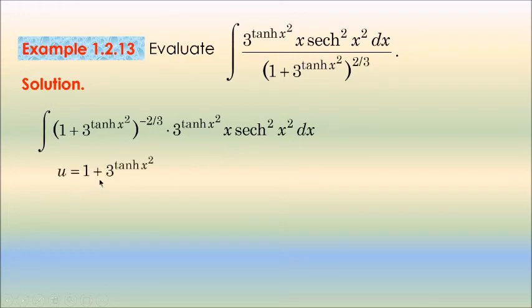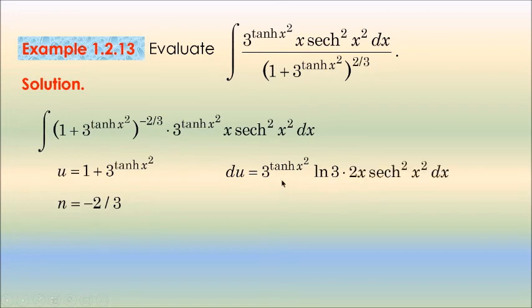Let u be equal to 1 plus 3 to the hyperbolic tangent of x squared with n equals negative 2/3. du is equal to derivative of 1 is 0, derivative of 3 to the hyperbolic tangent of x squared is 3 to the hyperbolic tangent of x squared ln 3 times 2x hyperbolic secant squared x squared dx.